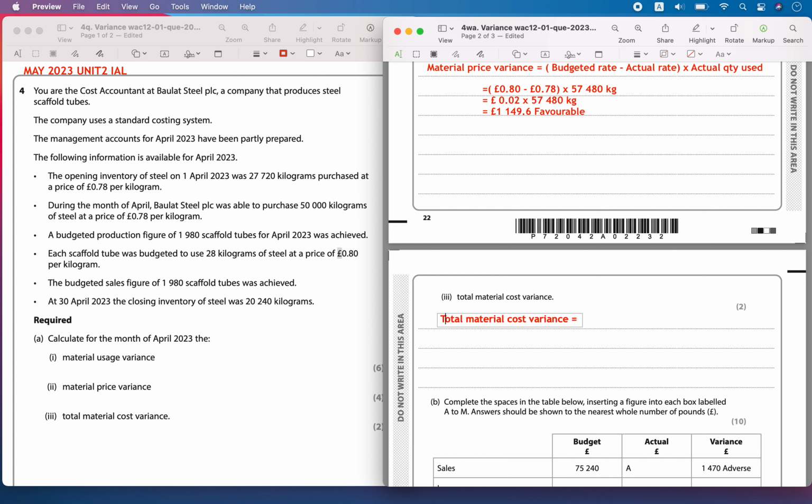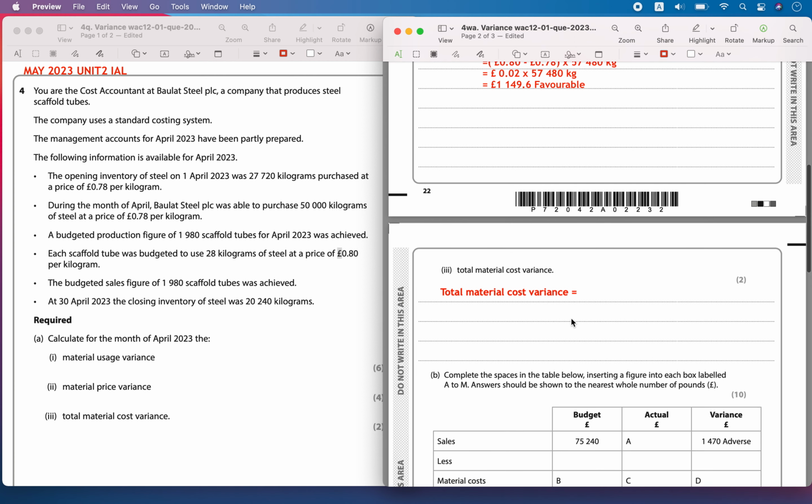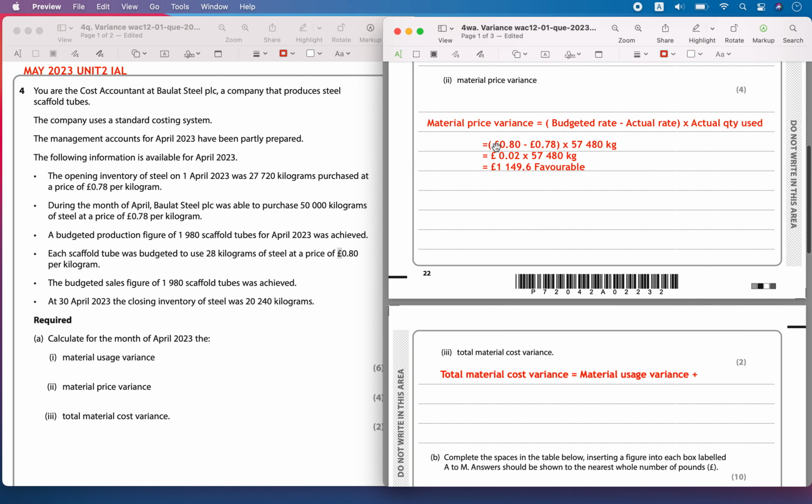So the total material cost variance is calculated as total material usage variance that has happened, plus you will also use material price variance that has happened. Using this I am going to calculate the total cost variance that has happened.